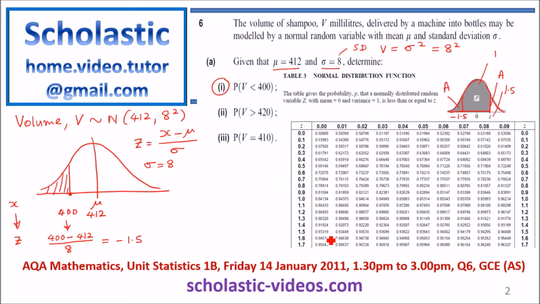So we have this table. I think you can take it from the tables given in the exam, and then go down and find the value of z equal to 1.5. So you come down here, and it's exactly 1.5. The area for 1.5 is given as the number 0.93319.